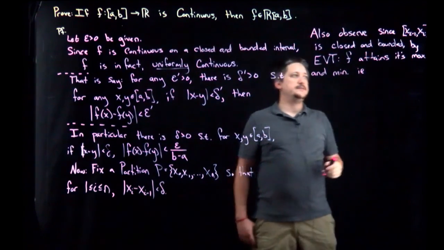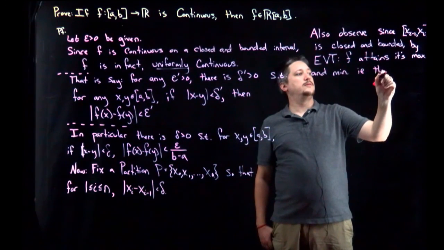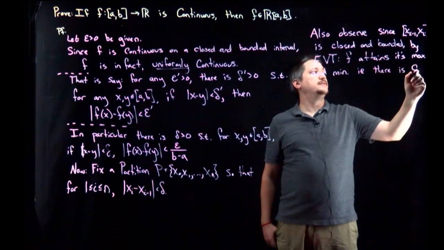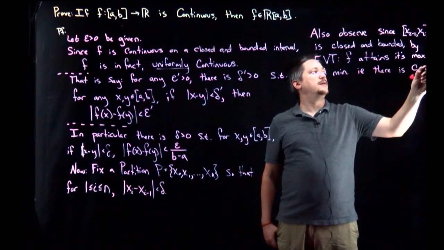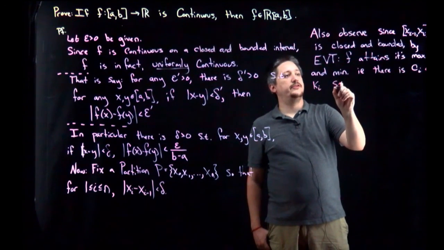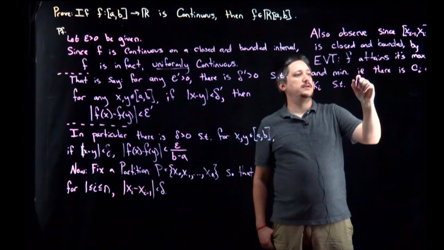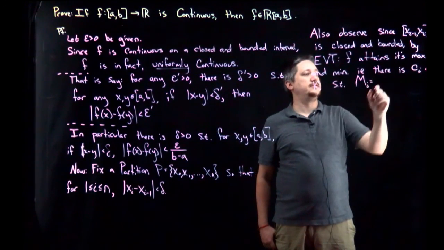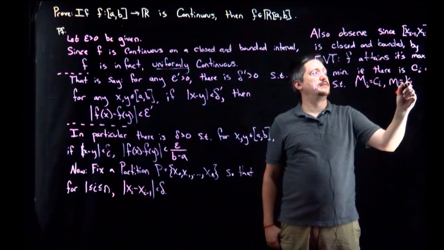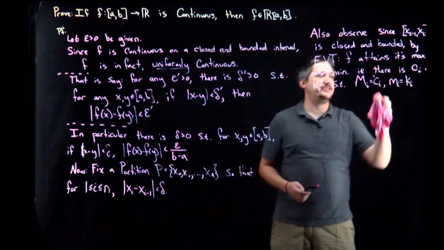That is to say, there is some c_i and k_i such that capital M_i is f of c_i, and little m_i is f of k_i. Sorry, that should be f of these things.